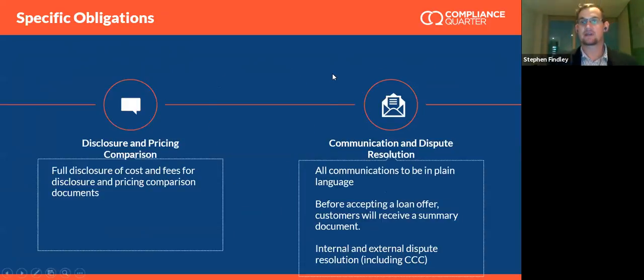Okay, so what are some of the specific obligations contained within the code? First of all, there is a requirement for full disclosure of costs and fees before a customer signs up to the lending product, as well as a requirement to release pricing comparison documents.